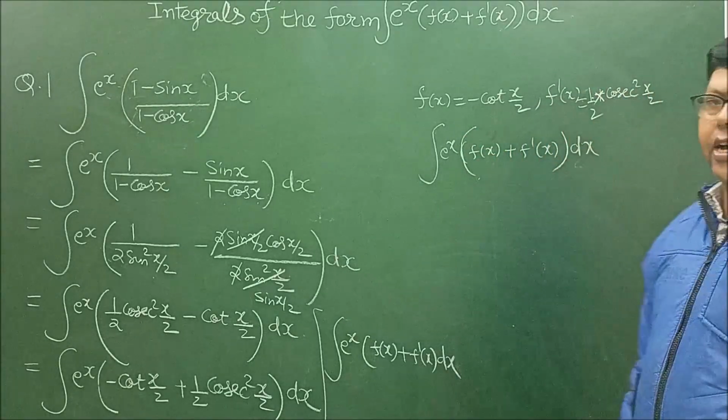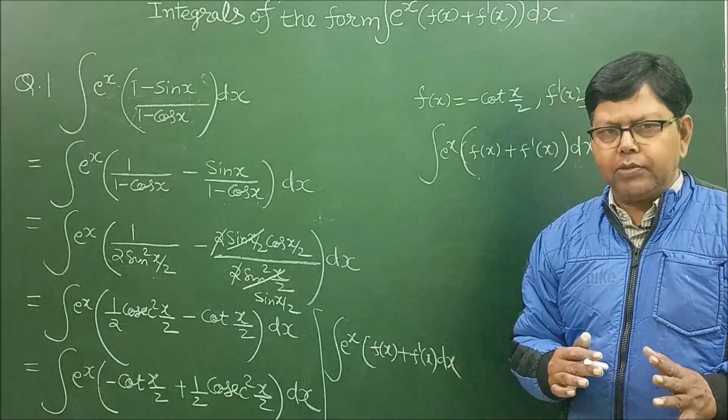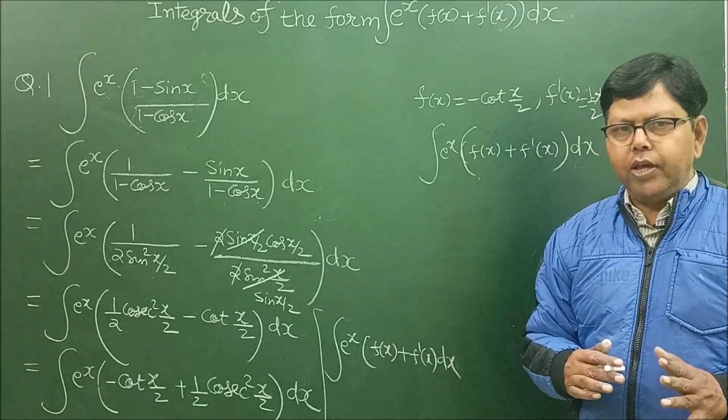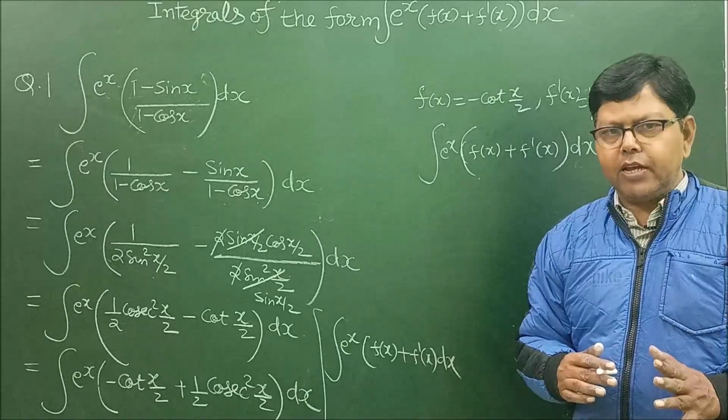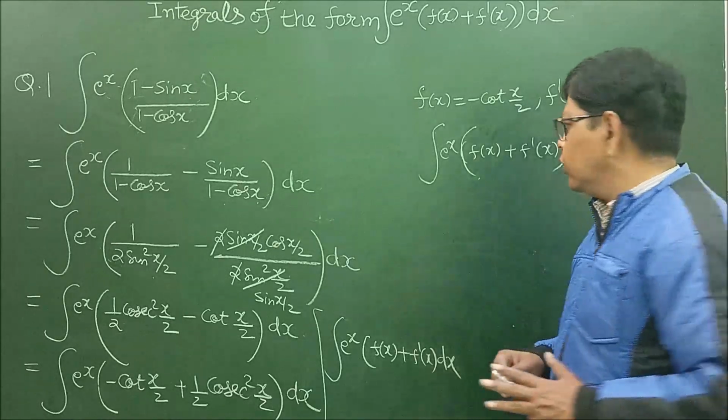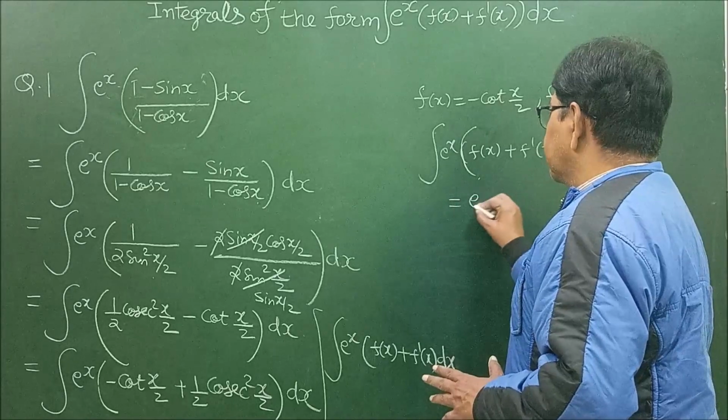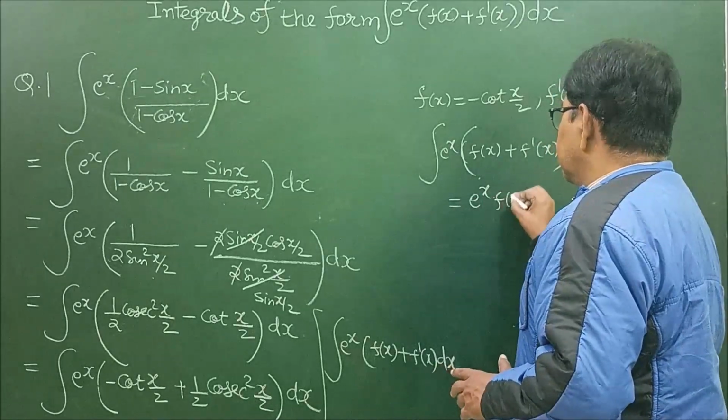और इस इंटीग्रल का हमने स्टार्टिंग में आपको फॉर्मूला बताया था, integral of e raised to the power x, f x plus f dash x dx is equal to e raised to the power x f x plus c.